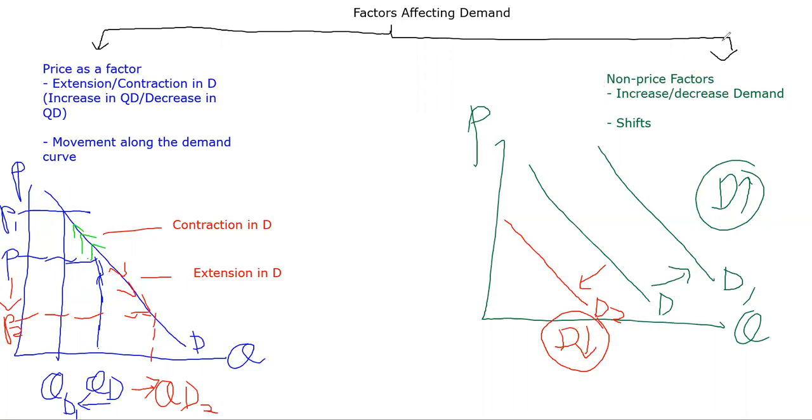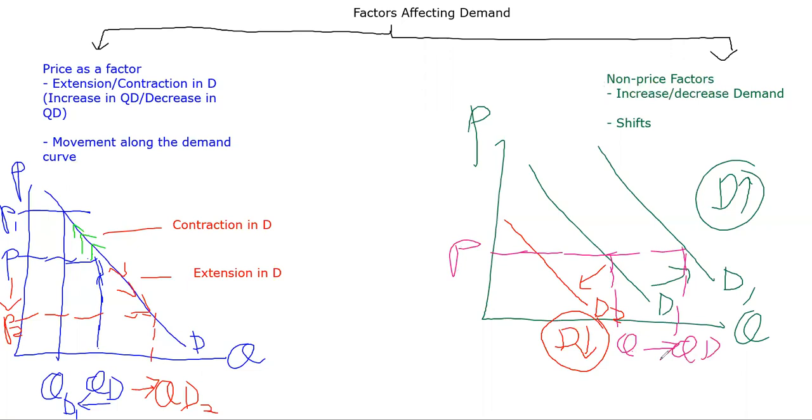If you want some logic as to why, let's keep it very simple. If you look at a particular price level P, your initial quantity demanded would be Q. If you have a rightward shift, the quantity demanded increases at the same price. So don't confuse this with the law of demand; that is why price changes.